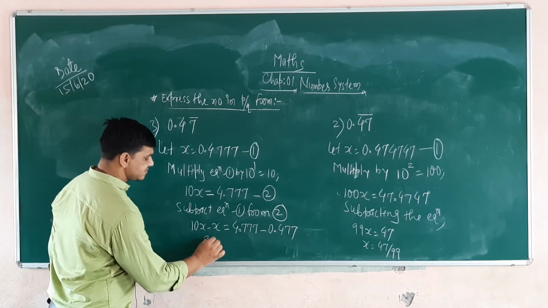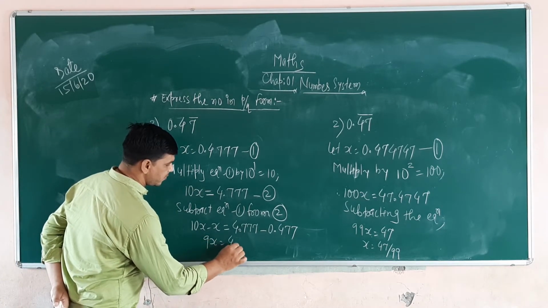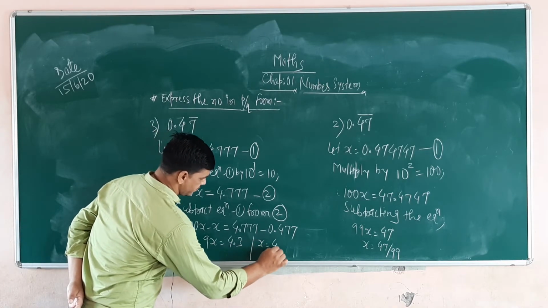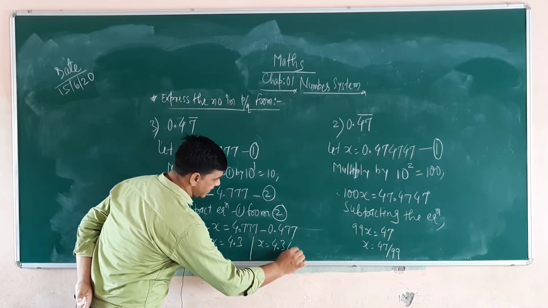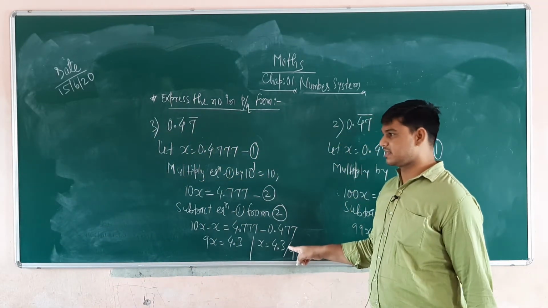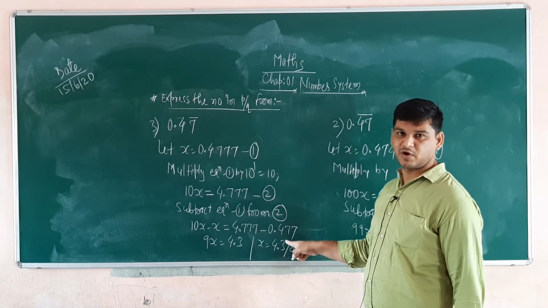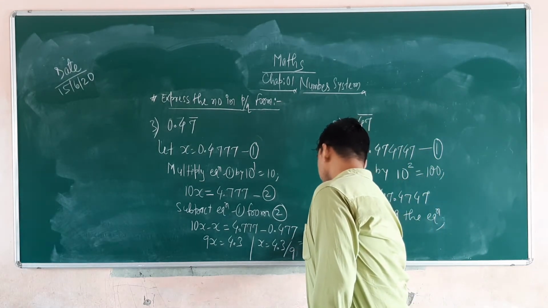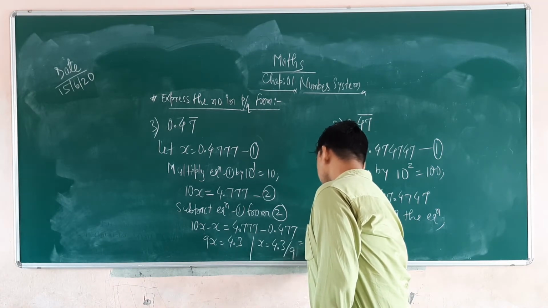So 9x equal to 4.3, right? Then x equal to 4.3 divided by 9. So by changing the decimal 4.3, multiply with 10, that is 43 upon 90. Then x equal to 43 upon 90.